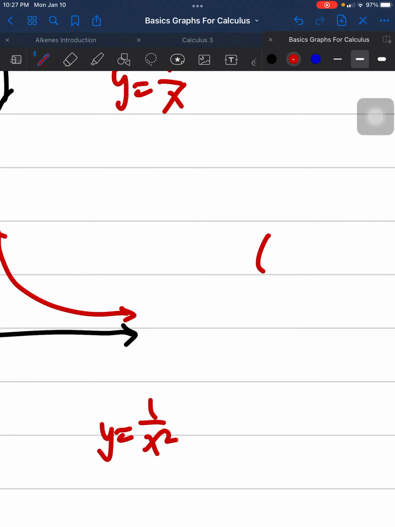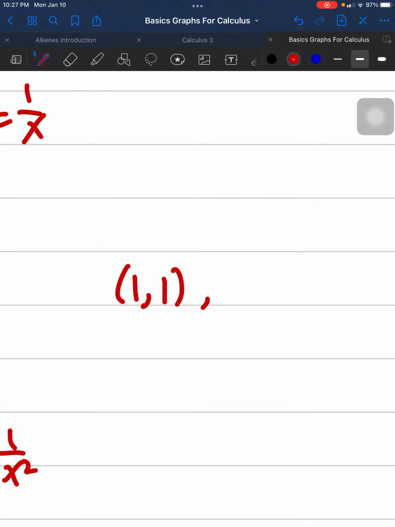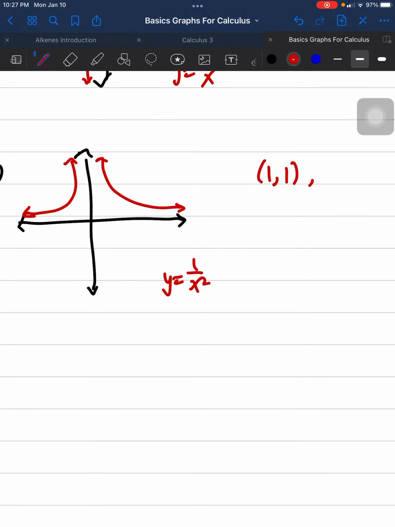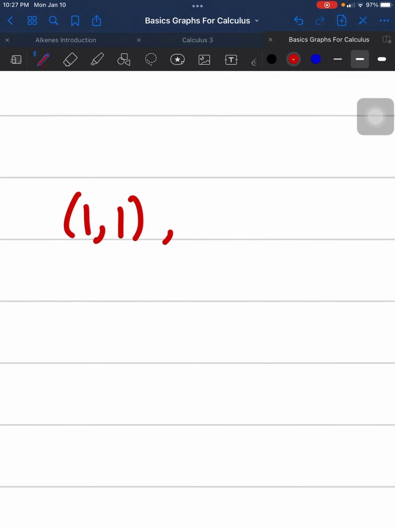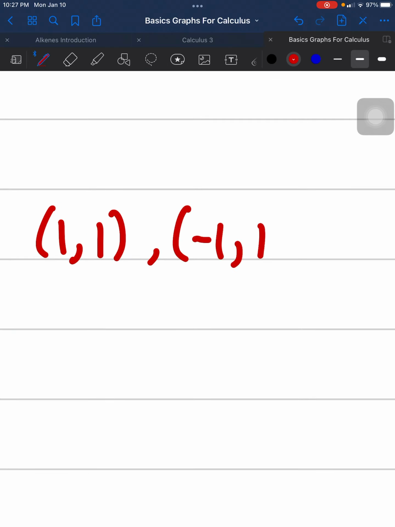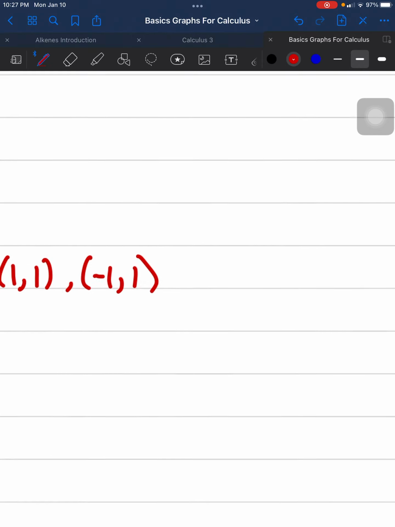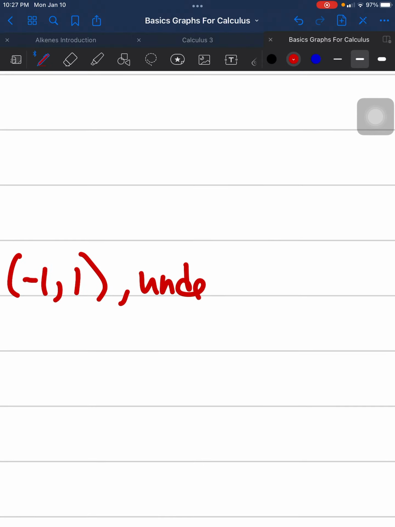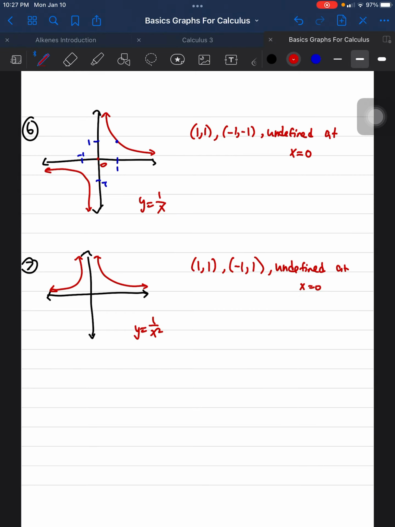So one of the critical points is 1, 1. And when you plug in negative 1, you get 1 over 1, which is 1. So another critical point is negative 1, 1. And once again, it's undefined at x equals 0.